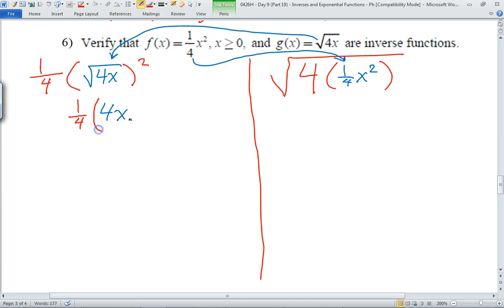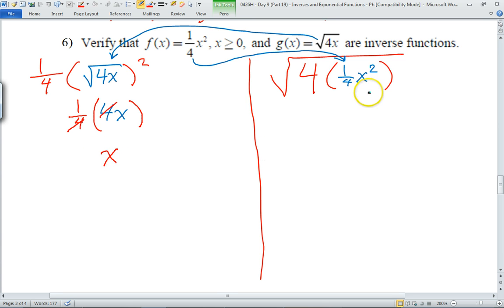So now I just have 1/4 of 4x. Of course, if I multiply 1/4 times 4, these are going to cancel each other out, and 1 times x is all that's left, and that is going to give me x.